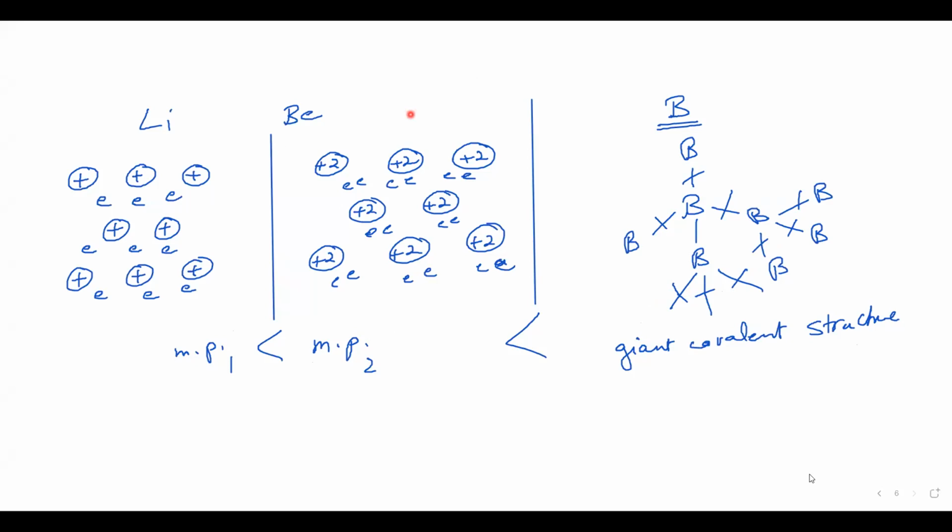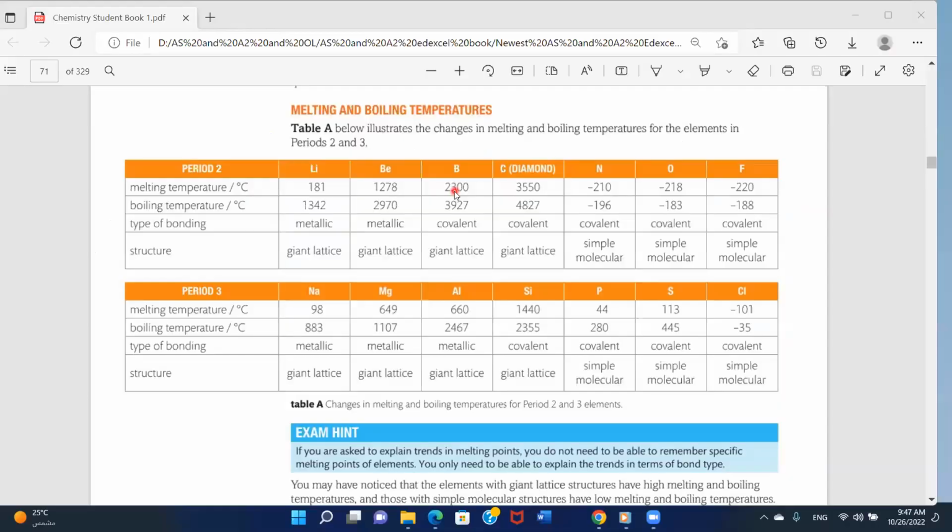So you will find here that boron will have a higher melting temperature than that of beryllium and lithium, and also diamond. We know that diamond has a giant covalent structure, so each carbon is bonded to 4 other carbon atoms in a tetrahedral structure, but we have a giant molecular structure.